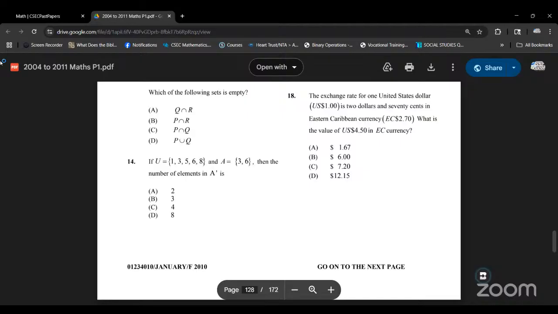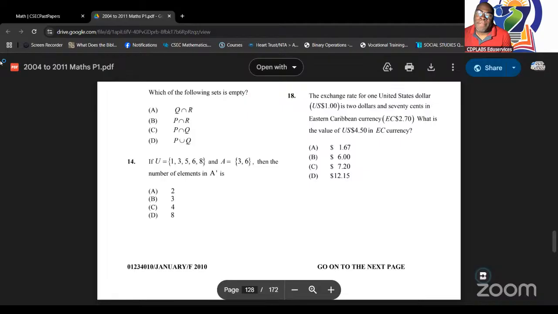It means complement of. But when we say complement of, we are simply saying that it does not belong to the set A. That's what it means.